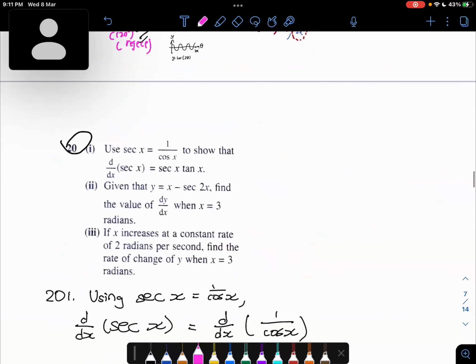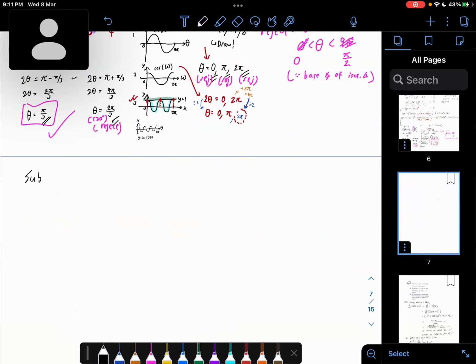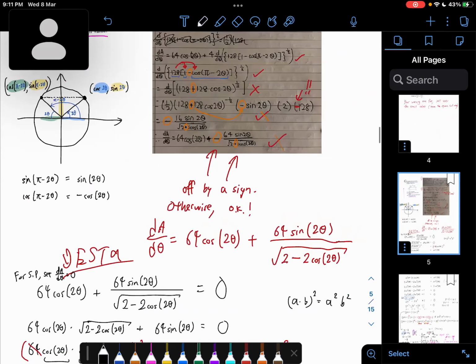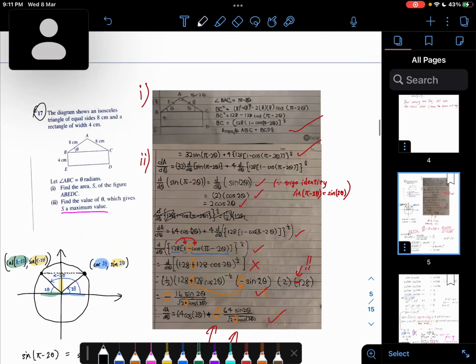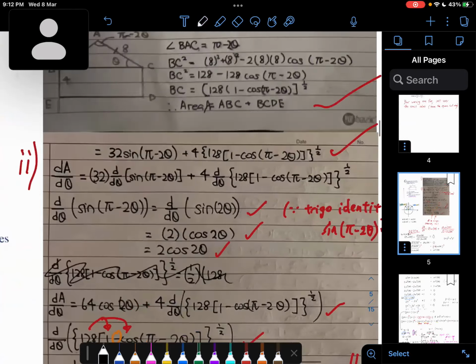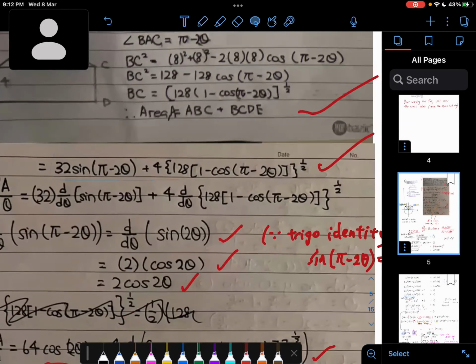Last step. What's the expression for S again? Here, 32 sine of pi minus 2 theta, plus 4 times something.